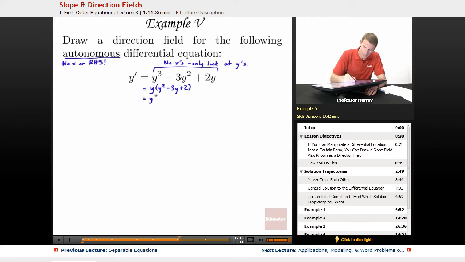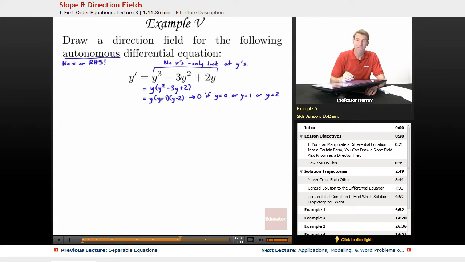That's y times, that would factor into y minus 1 times y minus 2. And the key point is that that would be 0 if y is equal to 0, or y is equal to 1, or y is equal to 2.